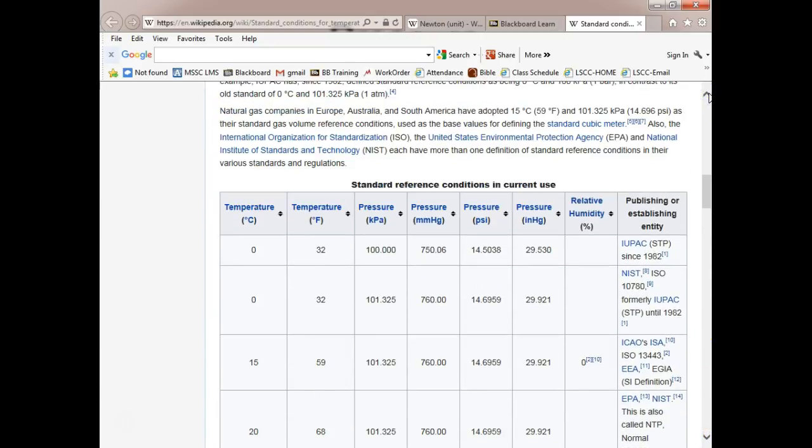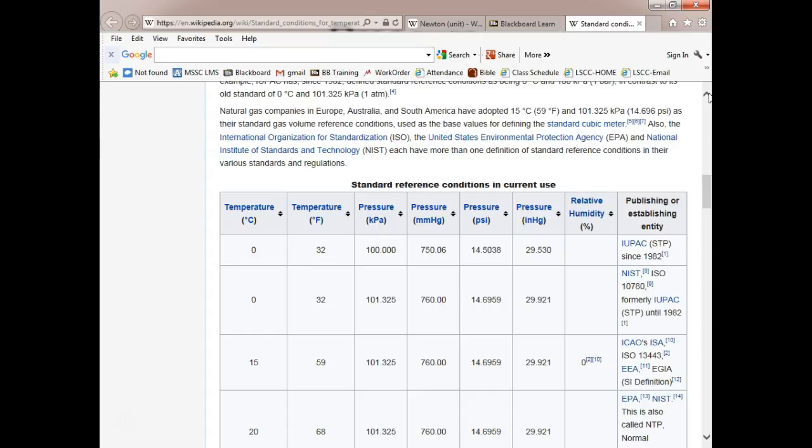So we have all these organizations that standardize this. But when we look at pressure at sea level, this organization, IUPAC, says it's one value, and this organization says another.